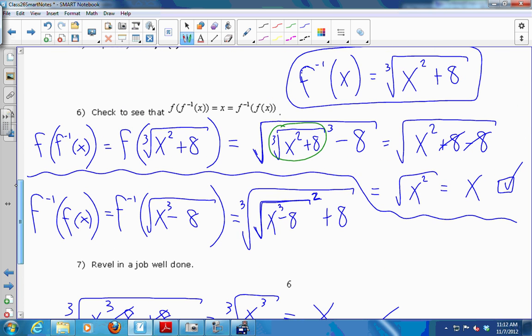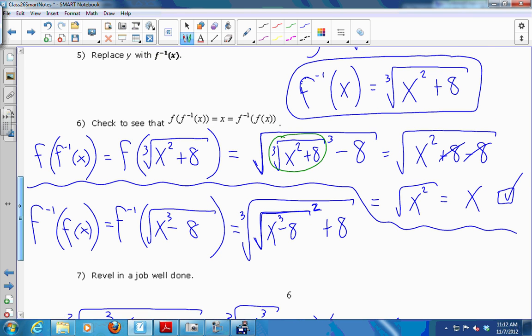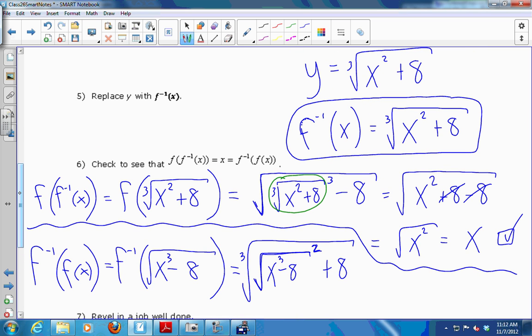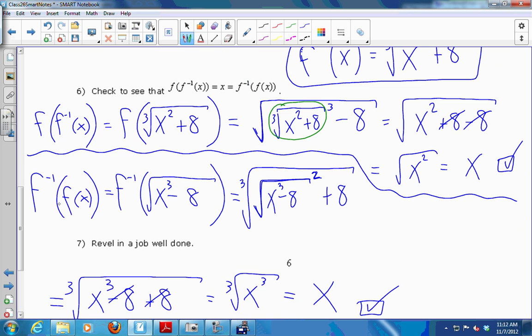So we can check it with a number too, rather than a generic x, because there's a lot of symbolic manipulation here, and it's easy to make a mistake. So I'm going to check f of f inverse of 2. Shoot.